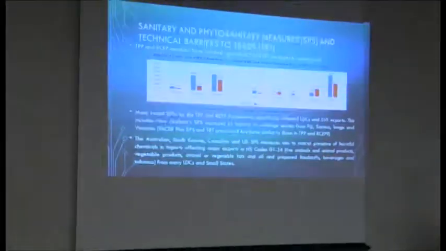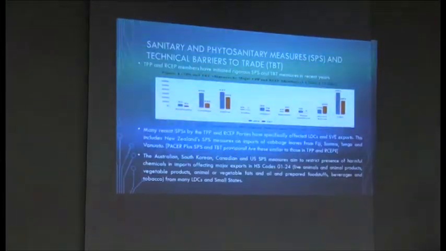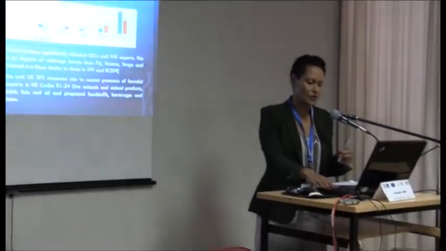These are the SPS and TBT measures that are applied by the RCEP and TPP members. And one of the cases that has been raised in particular is that one of many SPS by the TPP parties have specifically affected some of the LDCs and SVE exports.